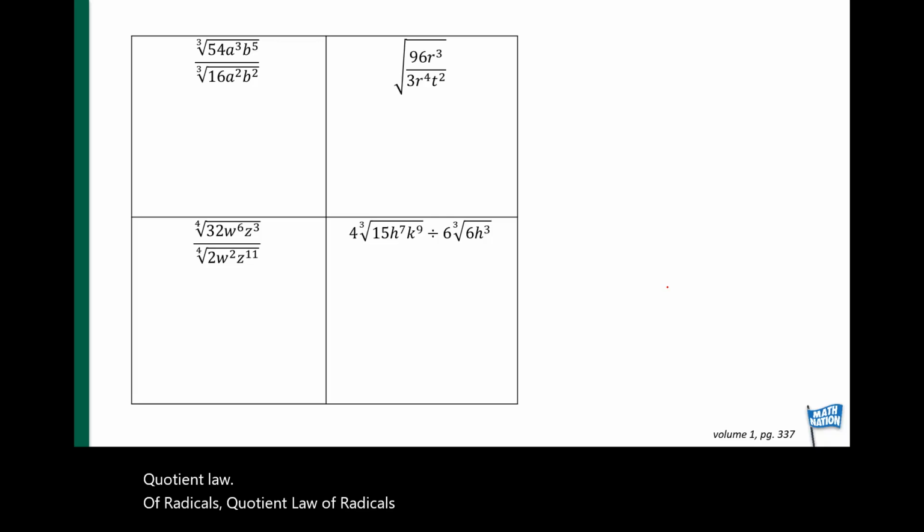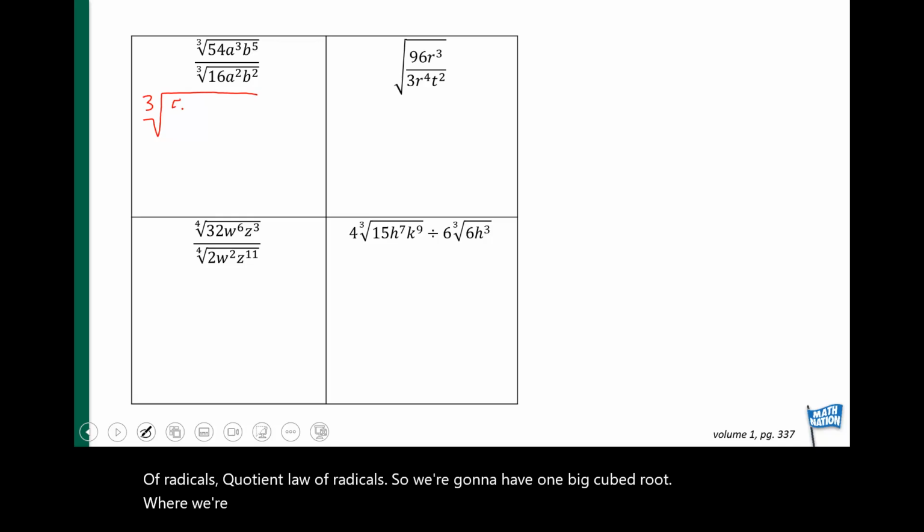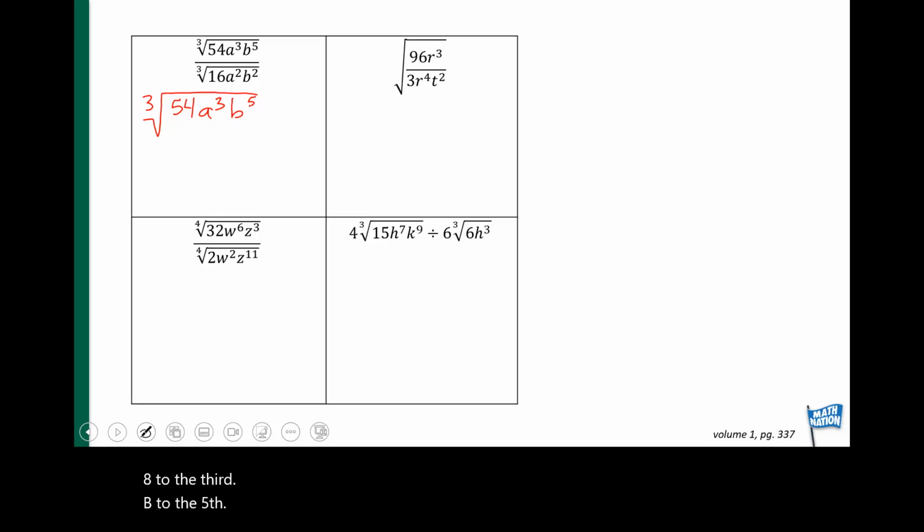So we're going to have one big cubed root where we rewrite those expressions: 54 a to the third b to the fifth over 16 a squared b squared.